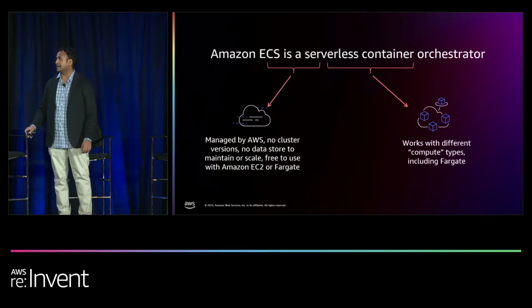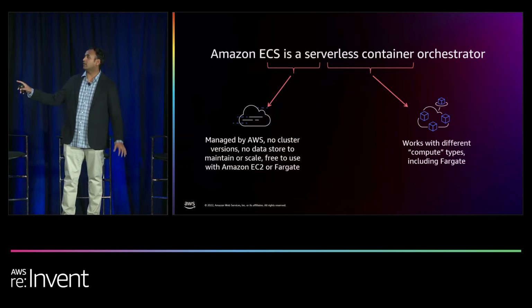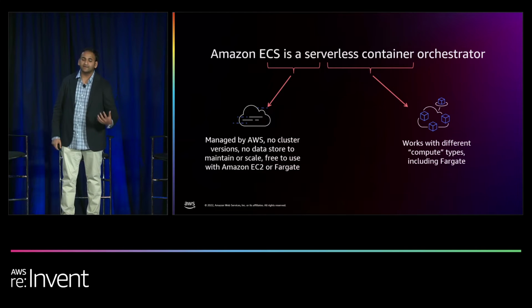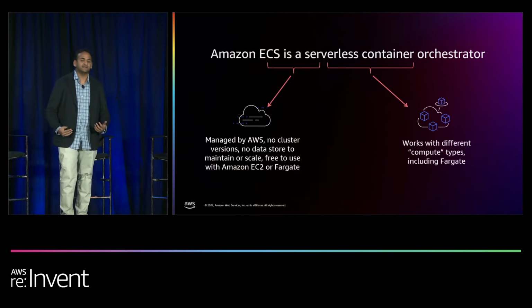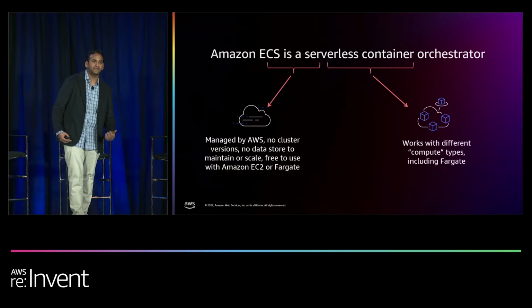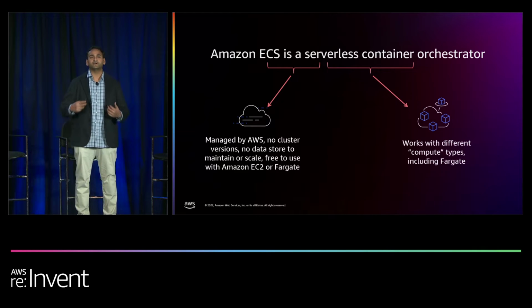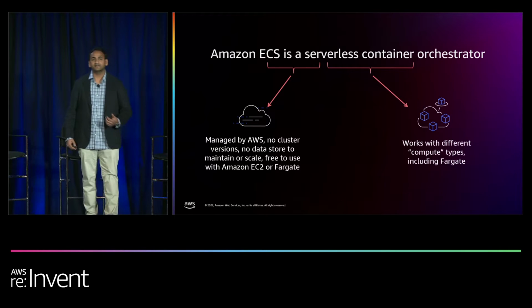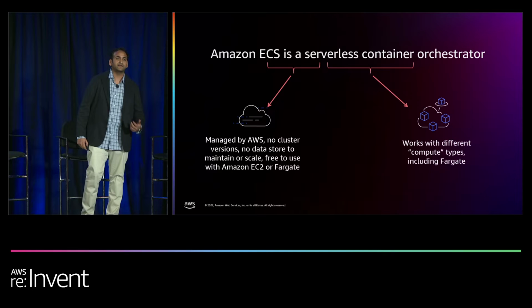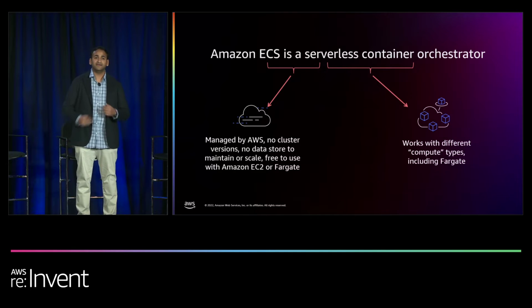Before we go into the how, a quick note on why we think so. Increasingly, we see ECS as a serverless container orchestrator. What that means is, with ECS, you don't need to think about a control plane. When you create a cluster in ECS, it's not a physical entity that lives in your AWS account.